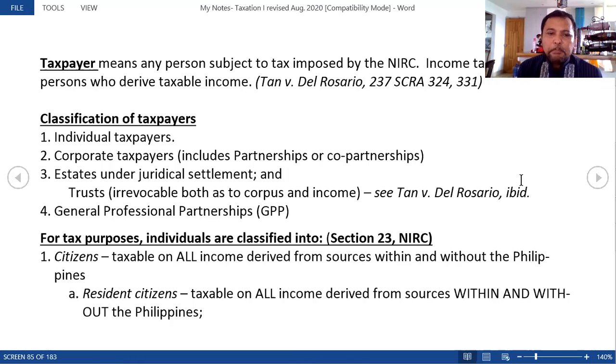And then we have the GPP, the General Professional Partnership. These are partnerships among professionals. Let's say you're a lawyer and or a CPA. You're already CPAs, and all of you agree to form a firm of CPAs conducting audits and other functions. You're forming a partnership called a GPP, purely to exercise your profession as accountants.